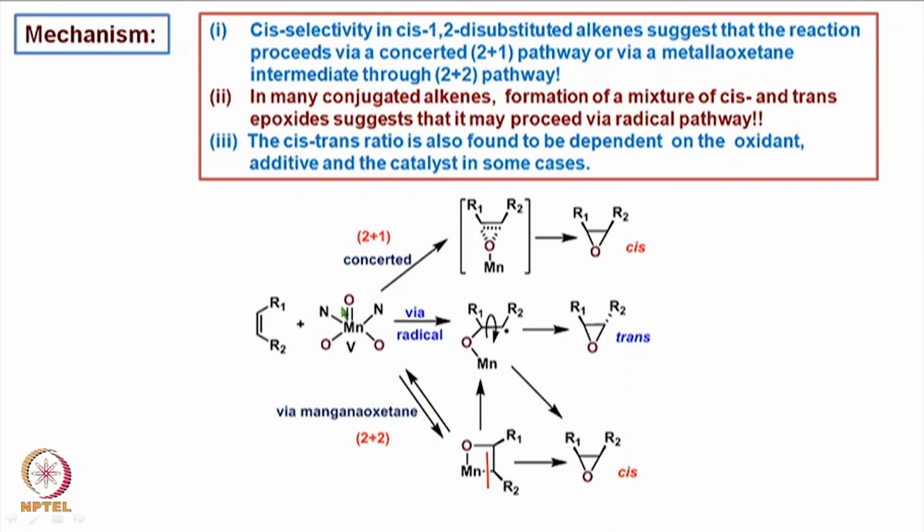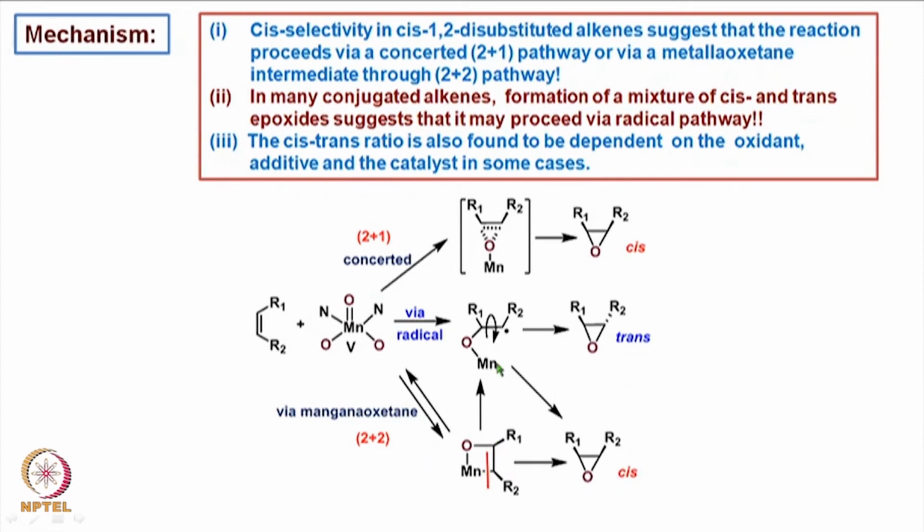For example, when this manganese 5 oxo complex comes in contact with this cis olefin, we can expect that 2+2 cycloaddition occurs to form this manganoxetane intermediate, which if it collapses without any intermediate being formed, then of course we can get the cis epoxide.